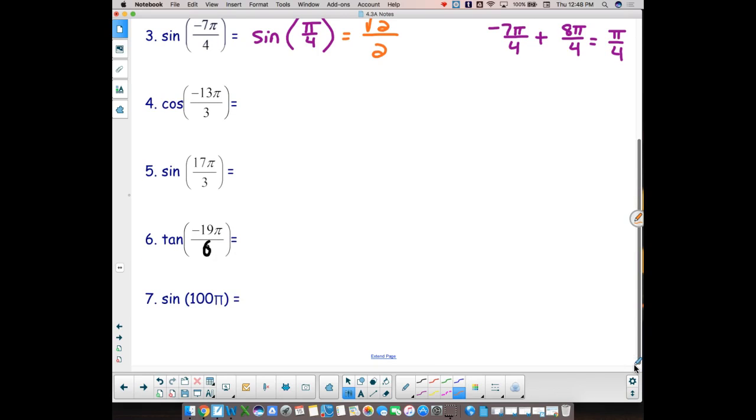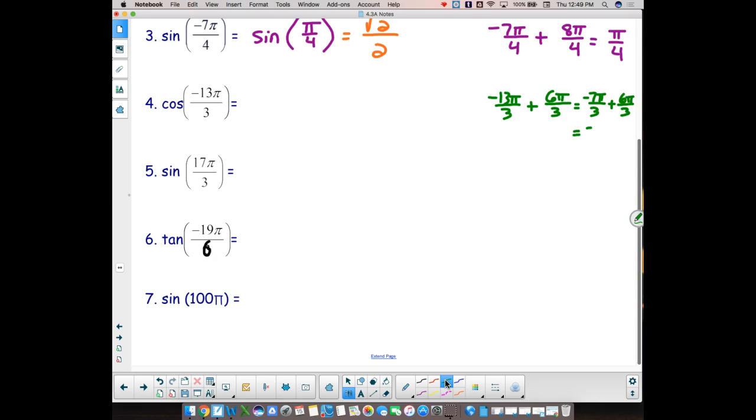Cosine, -13 pi over 3. I'm going to add to that 6 pi over 3, because that's my 2 pi, right? But that only gets me to -7 pi over 3. Still not on there. So I got to add 6 pi over 3 again.